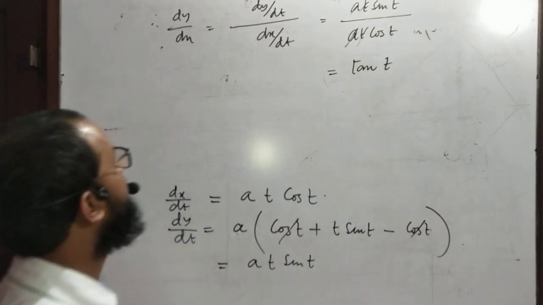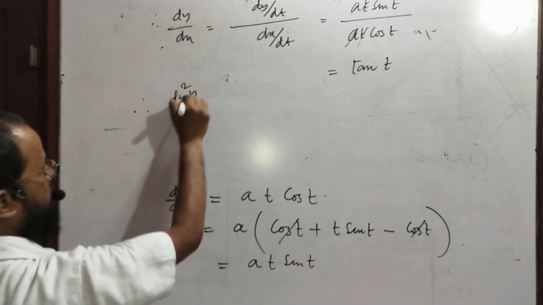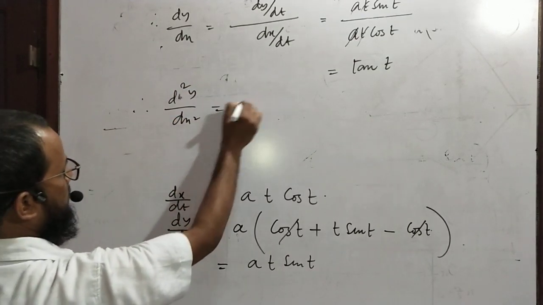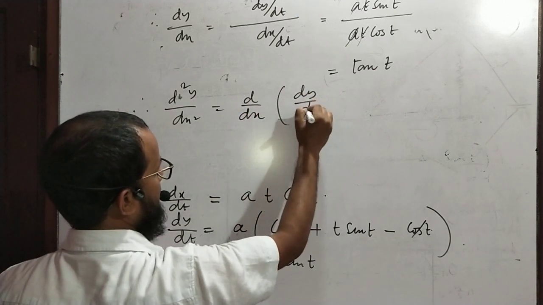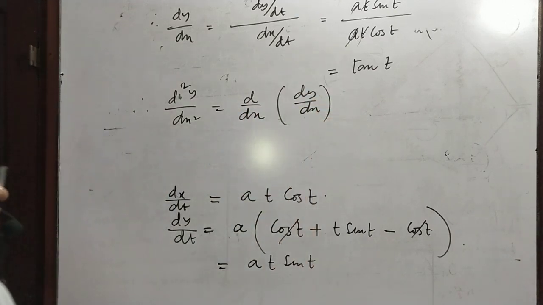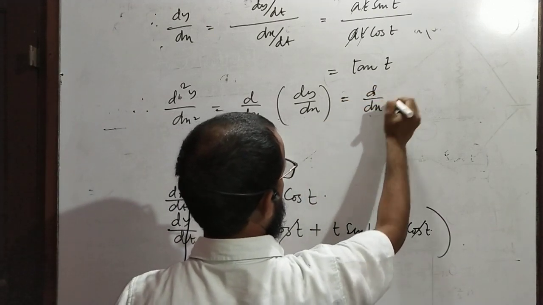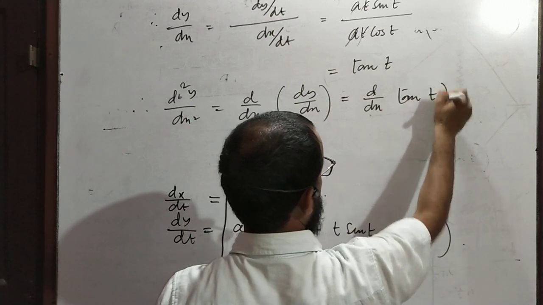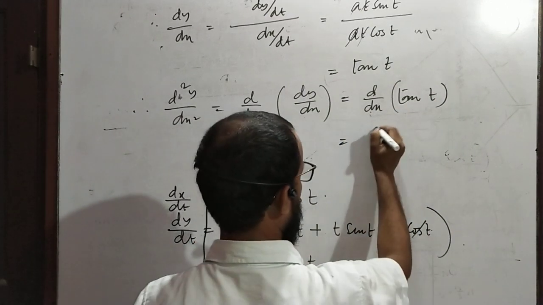Tan t. Now d2y upon dx2 is equal to what? d/dx of dy by dx. I think you understand. And what is dy by dx? It is tan t, and d/dx of tan x is sec square x.